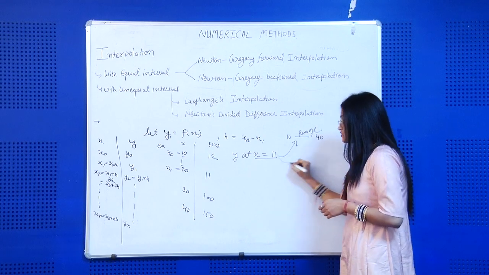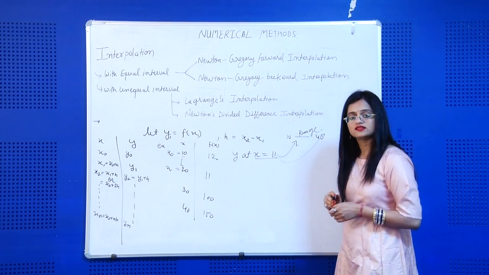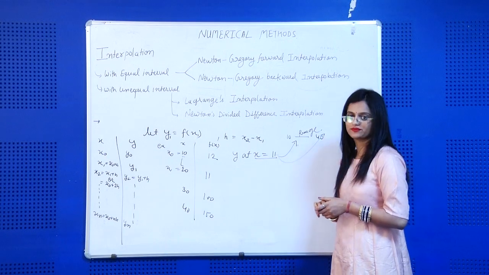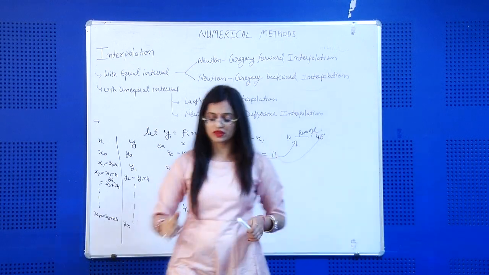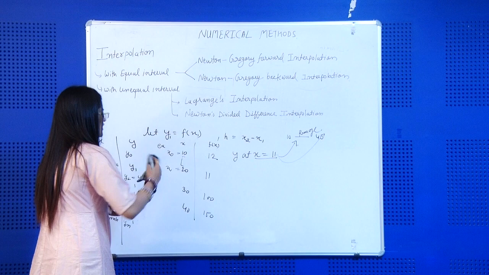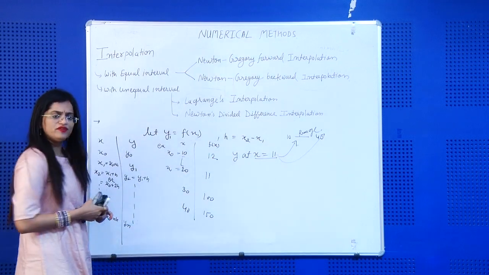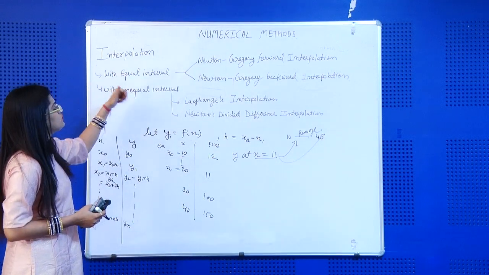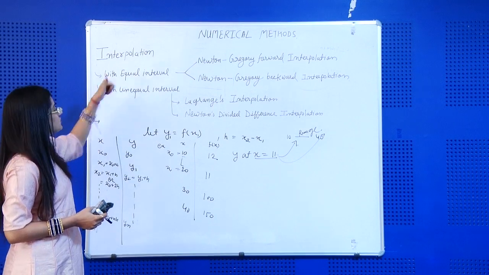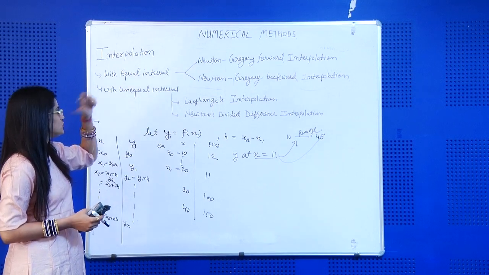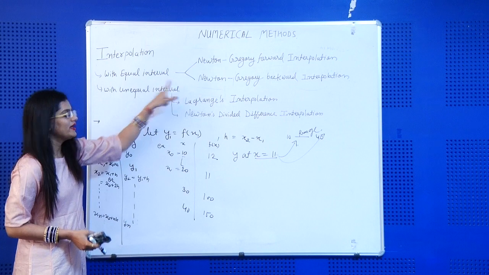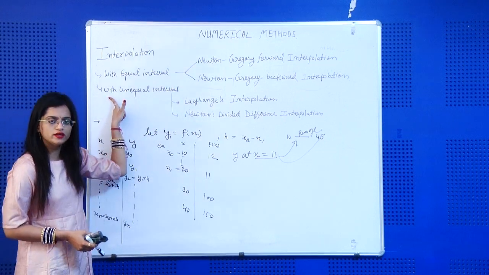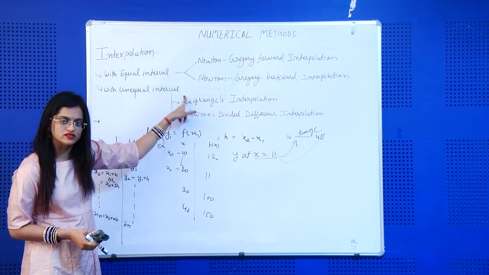But if it does not, then this technique is known as extrapolation. Right? So basically, we divide interpolation into two categories. The first category is interpolation with equal interval, and the other category is interpolation with unequal interval.